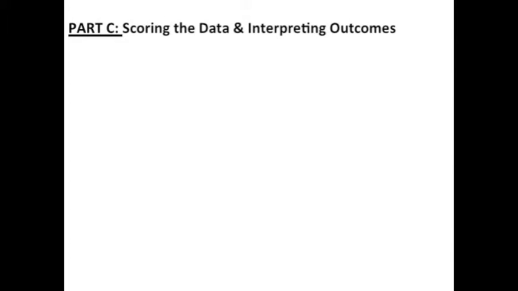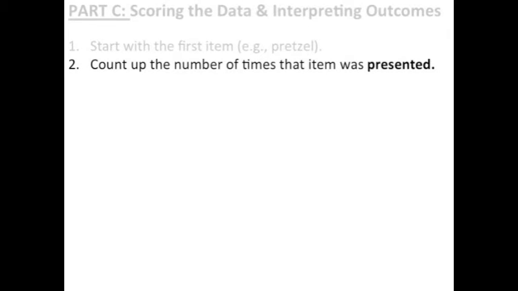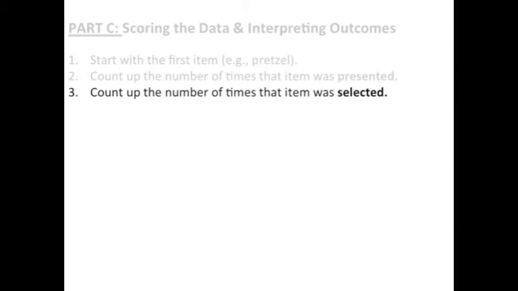Part C will help you understand scoring the data and interpreting outcomes. First, start with the first item. Second, count up the number of times that item was presented. Now, count up the number of times that item was selected.